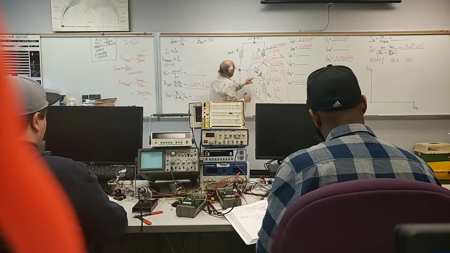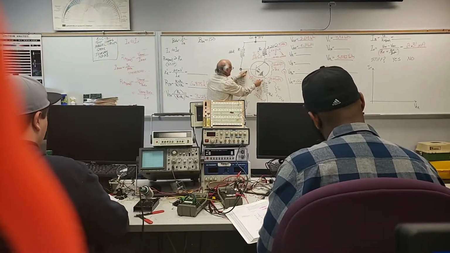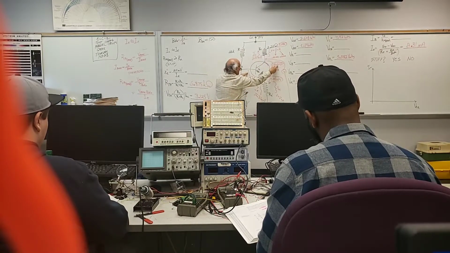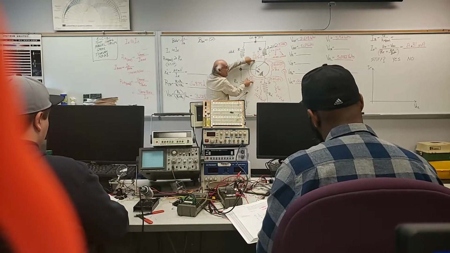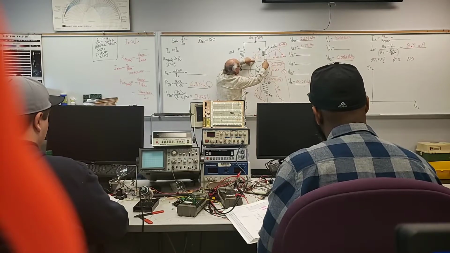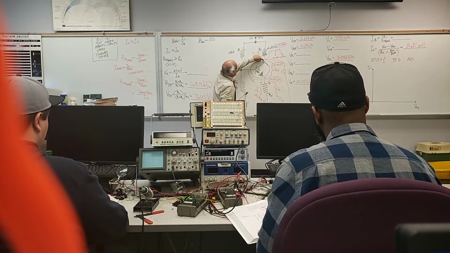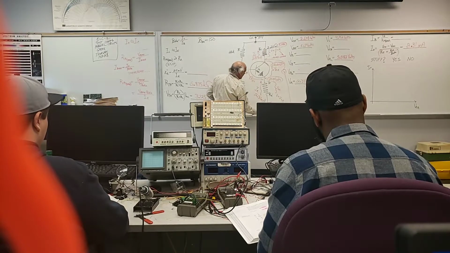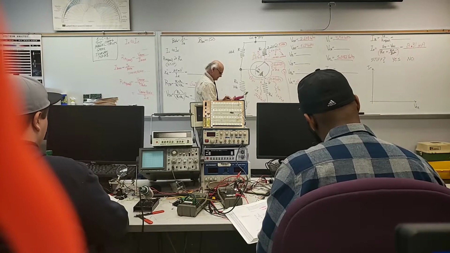Now, if from here to here is 0.7, and from here to here is 2.6, then the voltage from here to here must be 2.6 minus 0.7. So I take 2.608 minus 0.7, and that gives me 1.9 volts.